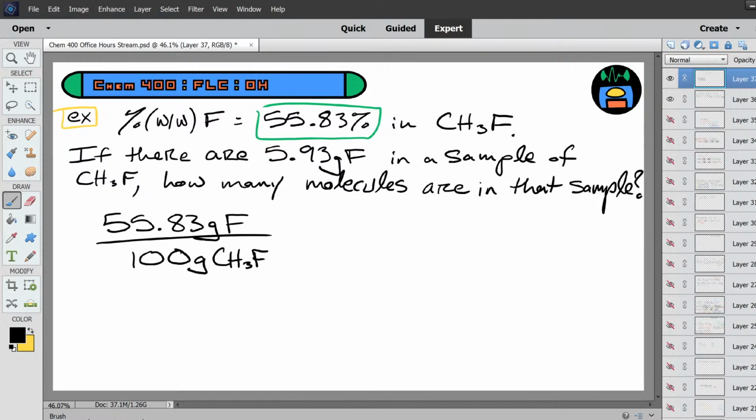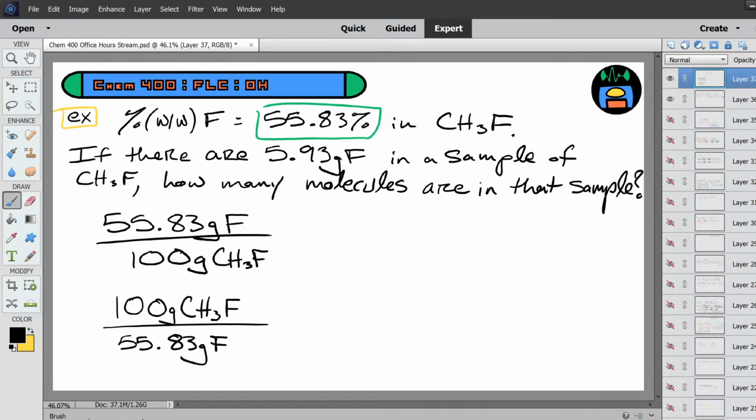You could also say that 100 grams of CH3F have 55.83 grams of fluorine within it.